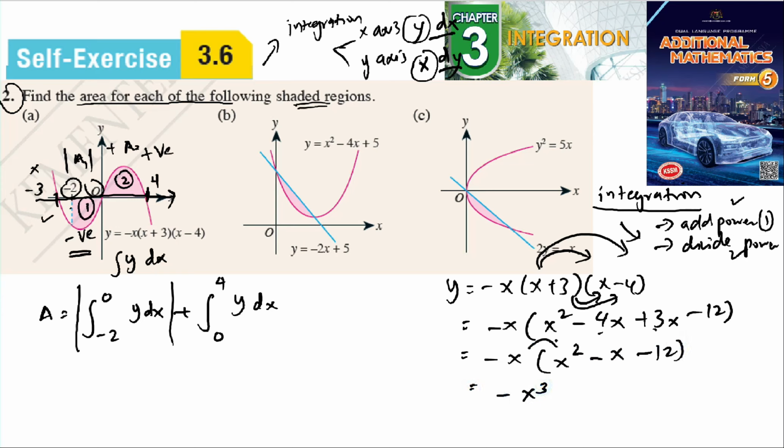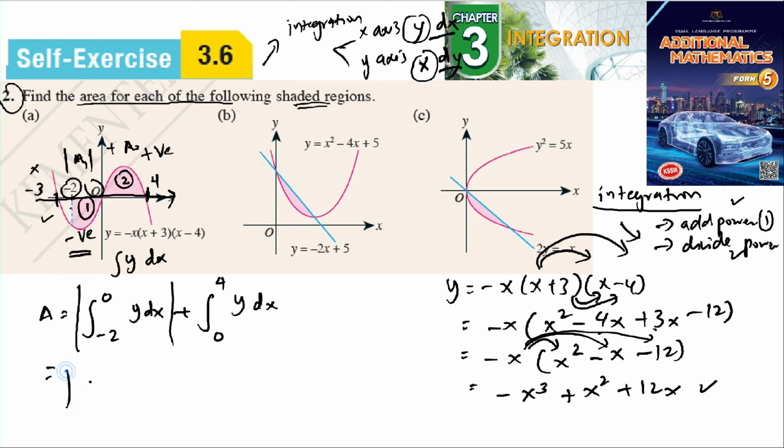So here you get negative x cubed. So negative x times x squared is negative x cubed. Negative x times negative x, you get positive x squared. And negative x times negative 12, you get positive 12x. So sorry, this one is positive. Negative, negative, positive. Negative, positive, negative. And negative, negative, positive. So you are done with your y. So you can substitute y here.